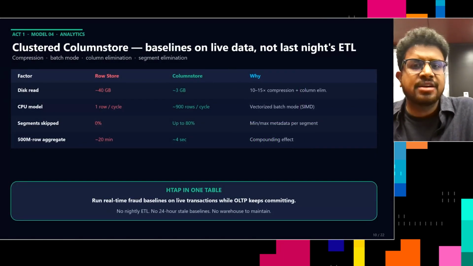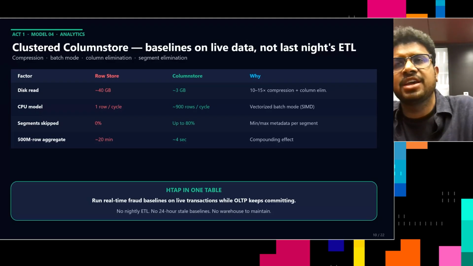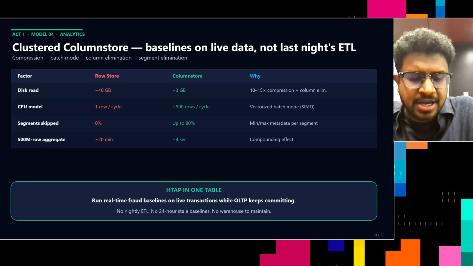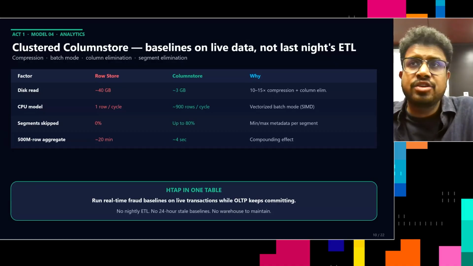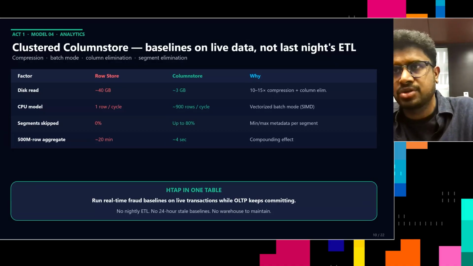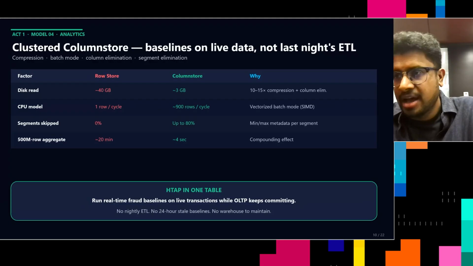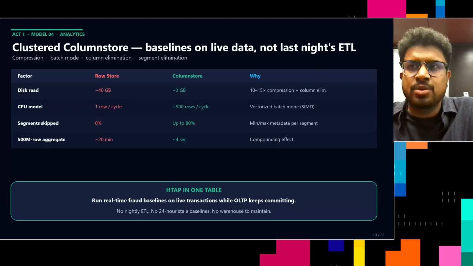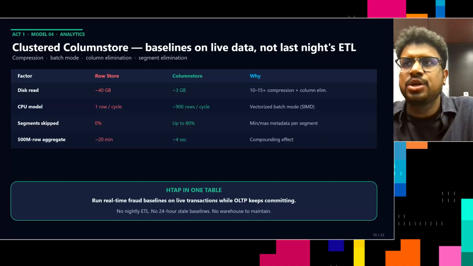Now, clustered columnstore. This is one of the very famous features that SQL has, and we are continuously investing in this columnstore. Traditionally SQL used to be row store.